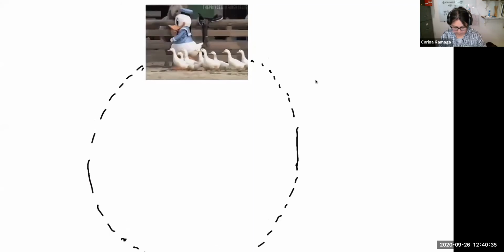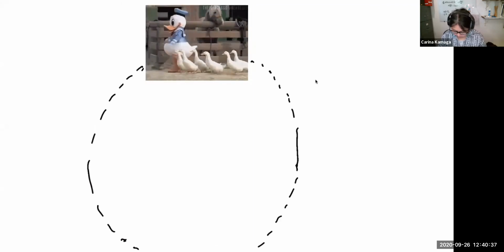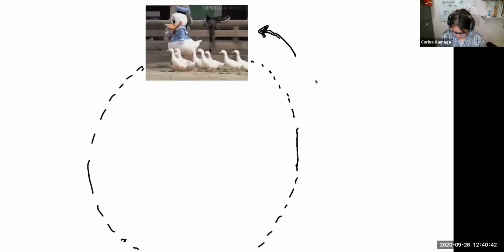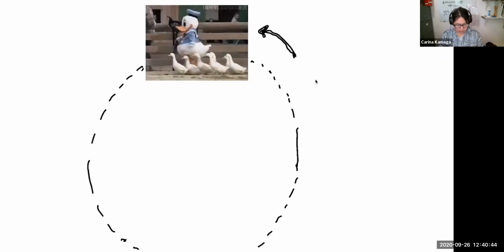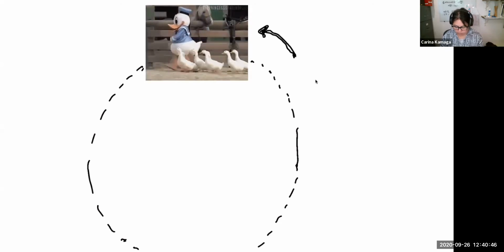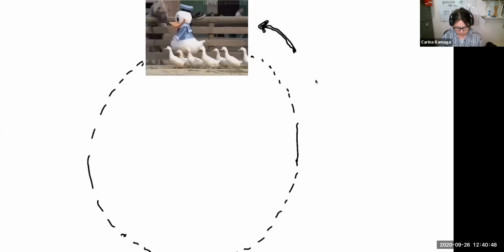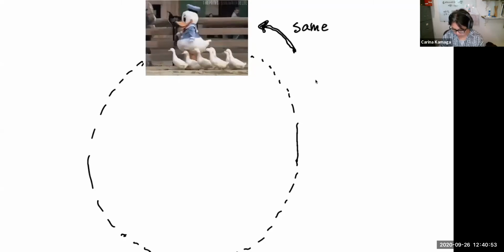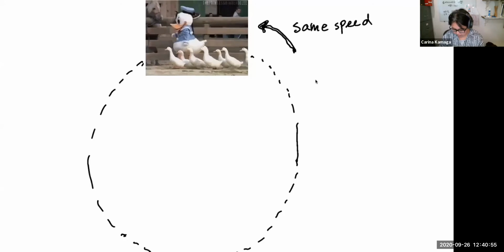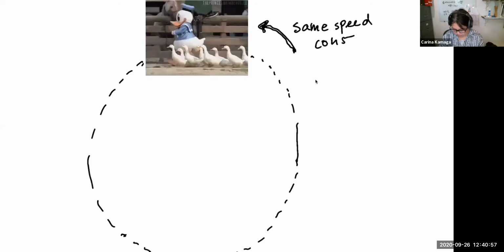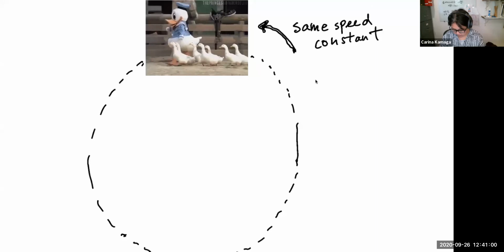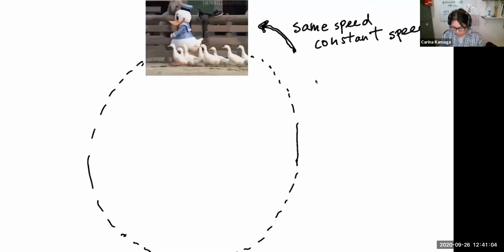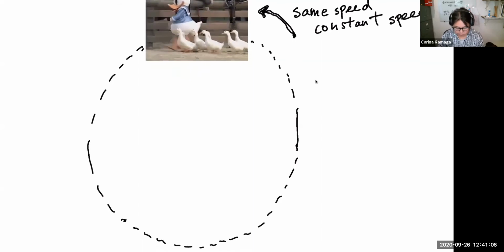So it's moving like this, let's say in this direction, right? These ducks could be moving throughout this travel with the same speed. Constant motion, constant speed, right?